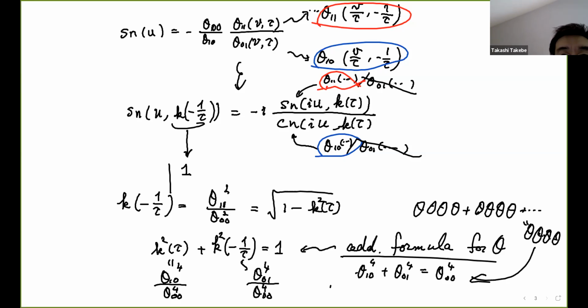So this k goes to 1 when this k goes to 0. And we know that if k goes to 0 here, then it gives you a sine of i.